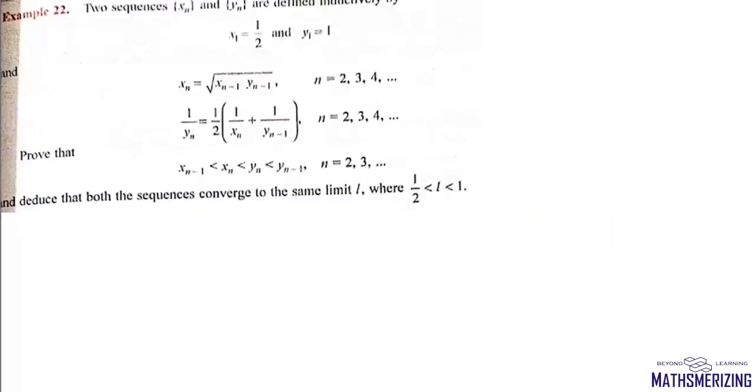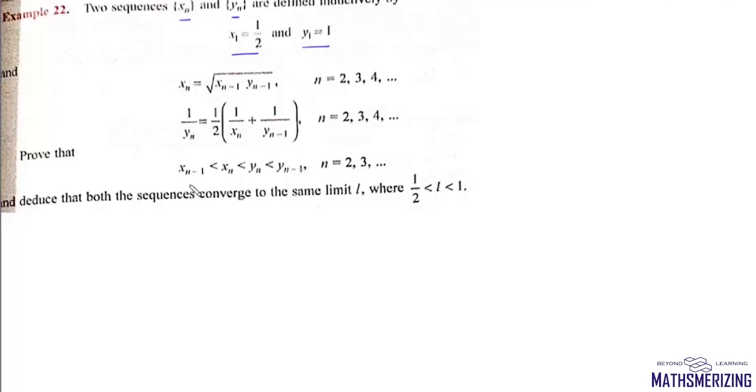Now here the question is, two sequences xn and yn, they are defined inductively by x1 equals 1 by 2 and y1 equals 1, where xn is under root of xn minus 1 into yn minus 1, and 1 upon yn equals 1 by 2 into 1 upon xn minus 1 plus 1 upon yn minus 1.